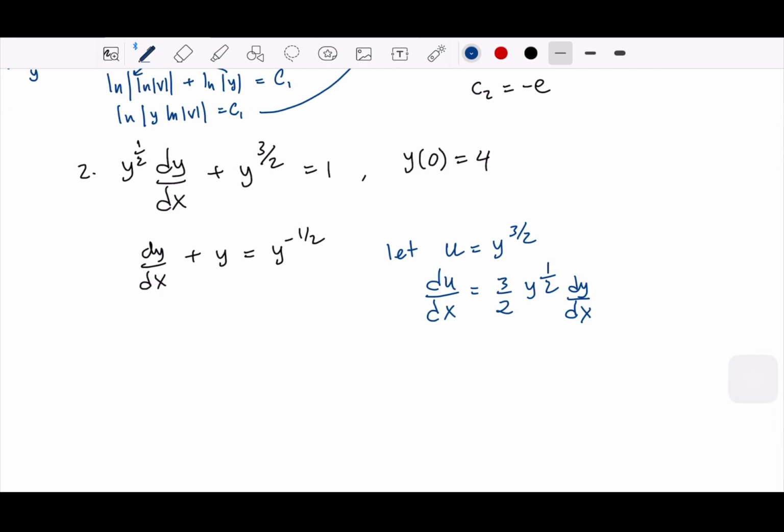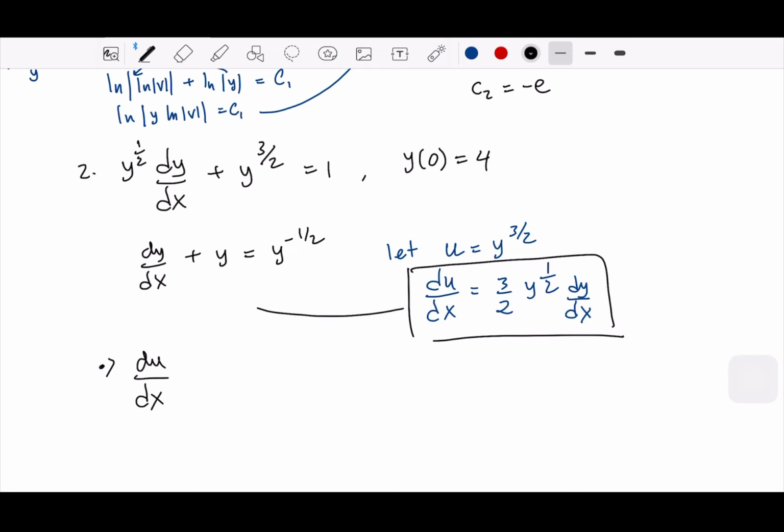And then we obtain du over dx. From this, we try to plug into our equation. And after some simplifications, we get this will be 3 over 2 u, okay, and then equal 3 over 2.